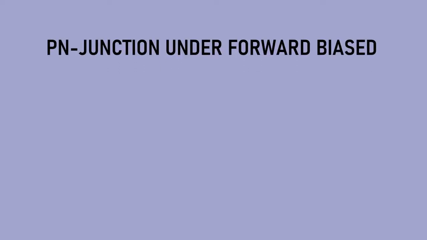Today I will talk about the PN junction diode under forward bias condition. In the previous class we talked about the PN junction under zero applied bias, or no bias condition.